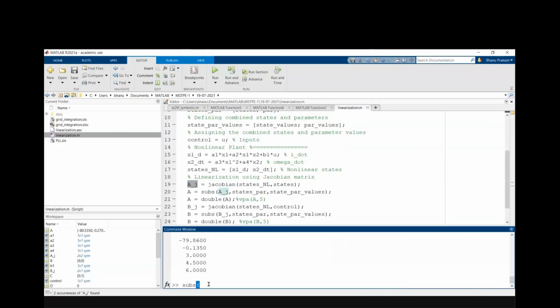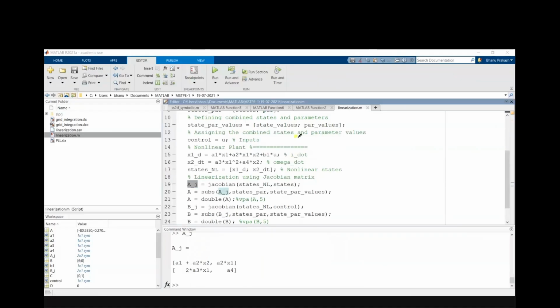Okay. Let me show you that AJ is in symbolic form. As I said, A1 plus A2 x2 plus A2 x1. This is how it is going to give the symbolic form. Like it will have a partial derivative term like this.